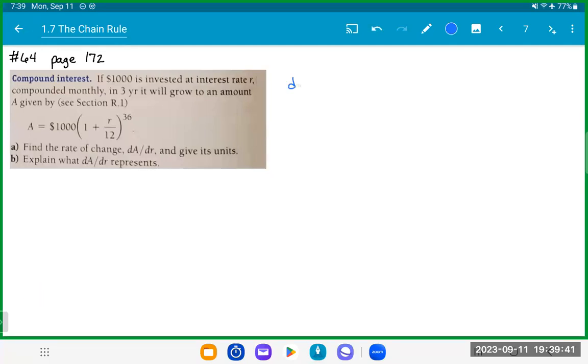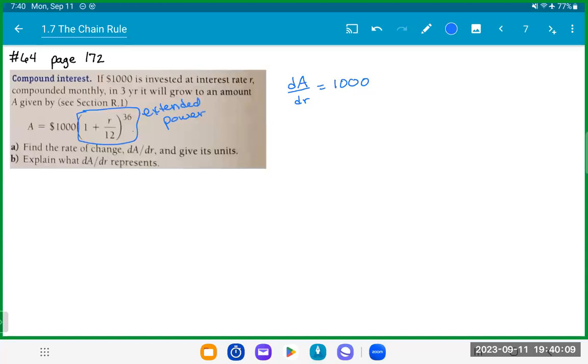So the derivative will have the derivative of A in relation to our rate. Okay, so dA over dr equals 1,000 times, so the 1,000, we can kind of ignore that. We're just looking at this and we want to use the extended power rule.